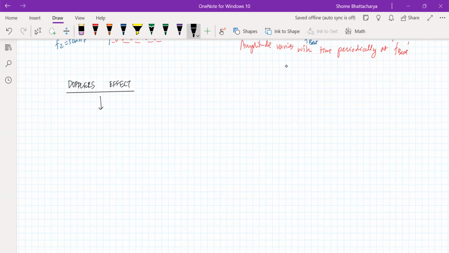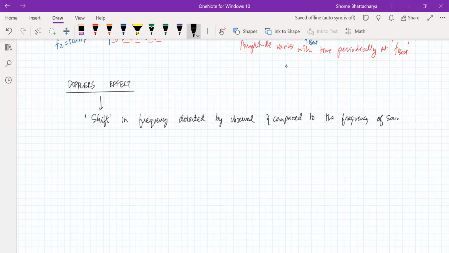So Doppler's effect is the shift or change in frequency detected by an observer, compared to the frequency of sound emitted by a source, when there is relative motion between source and observer.